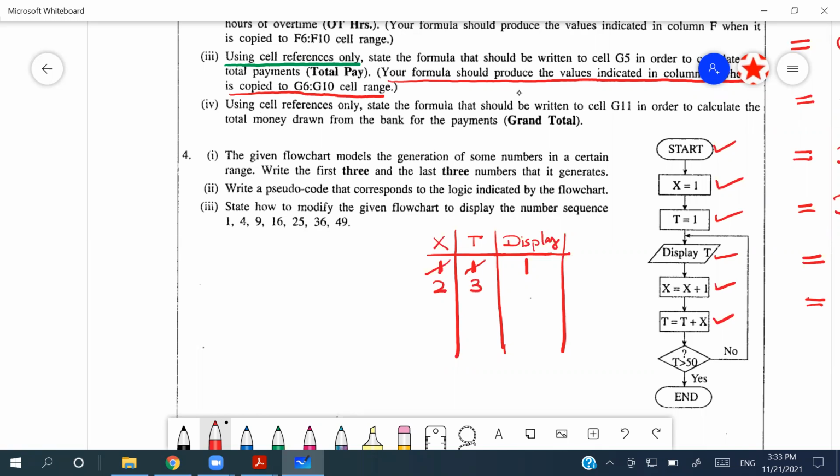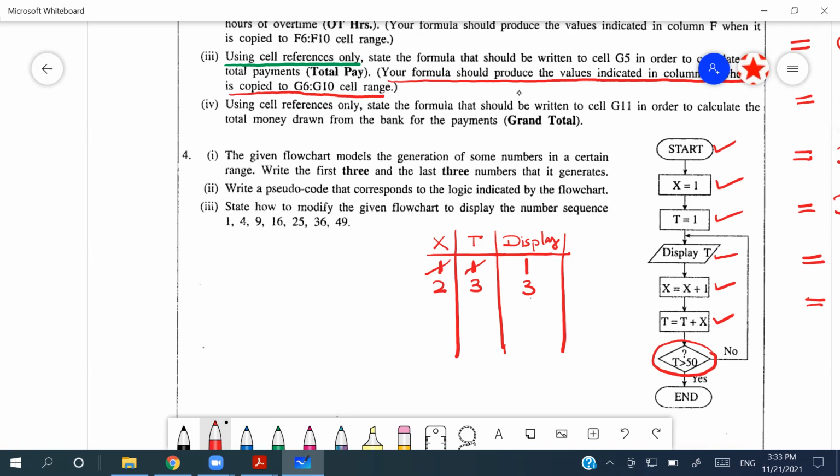We are adding the value of x to t and then reassigning the total to t again. Then it is asking whether t is larger than 50. So t is not larger than 50. So then we go again and it is asked to display t. So we are going to display 3.